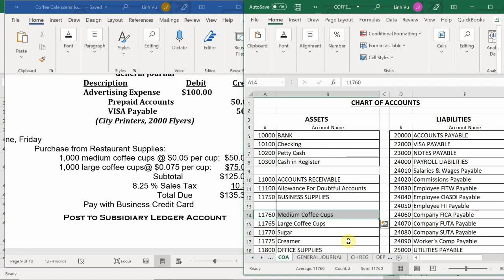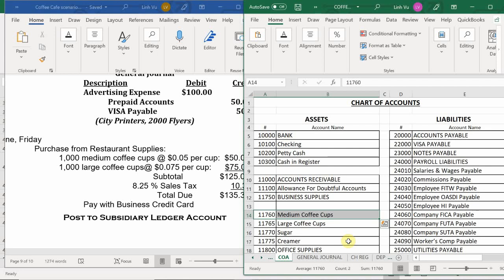In this case, instead of having to count each cup, you're better off, because we're going to buy a bunch of coffee cups and sell them along the way. Instead of counting per cup and keeping track of it as inventory, which is a lot of extra work, I'm going to make this a business expense or business supply.